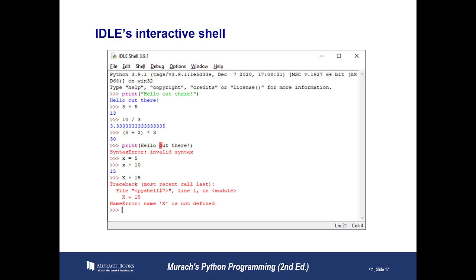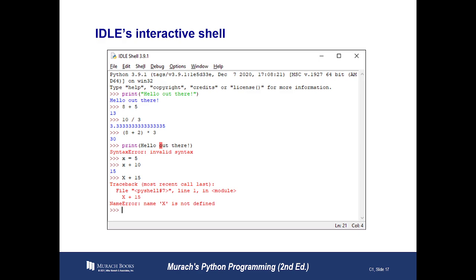This is IDLE's interactive shell, which you can see they're showing, where you can interactively or immediately type in a statement and get the output. It's not part of a program at all. It's pretty much on the fly. So you can treat it like a calculator. You can test out an expression. If you make an error, it'll flag it.